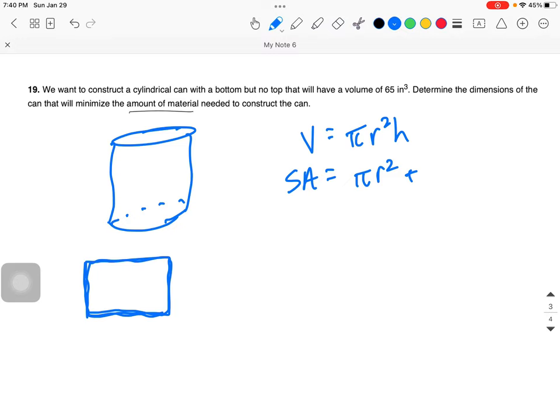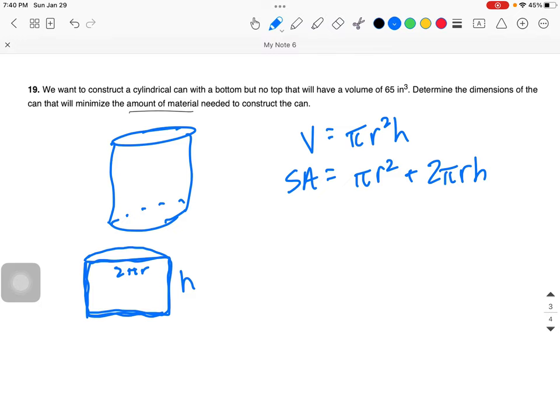The height would be that, and then when you roll it up, meaning move this over onto this, that's going to be the circumference of the circle. And so the area of this rectangle that's forming a cylinder when you roll it up would be 2 pi rh.